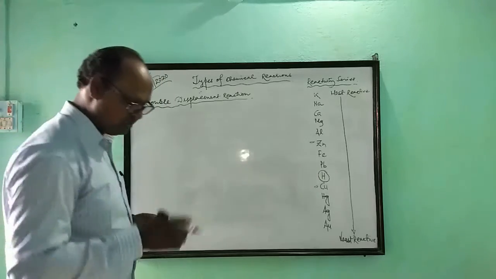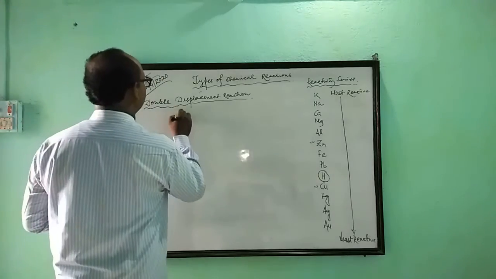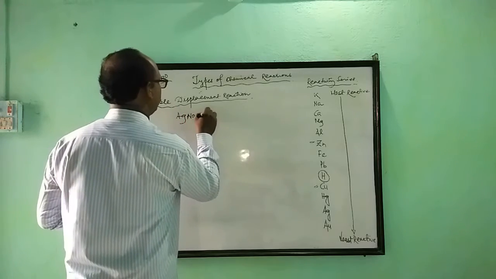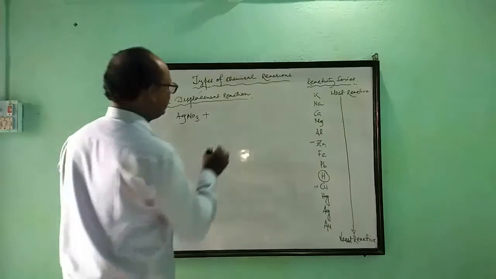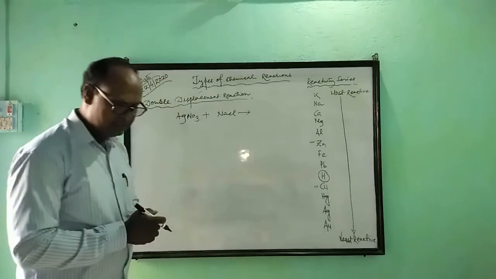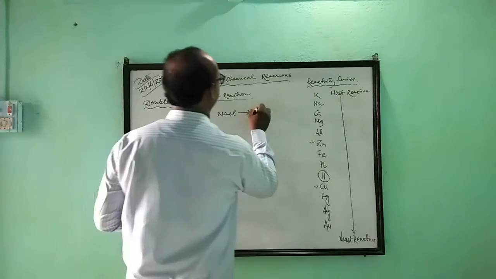substances or compounds, like AgNO3 plus NaCl produce AgCl plus NaNO3.